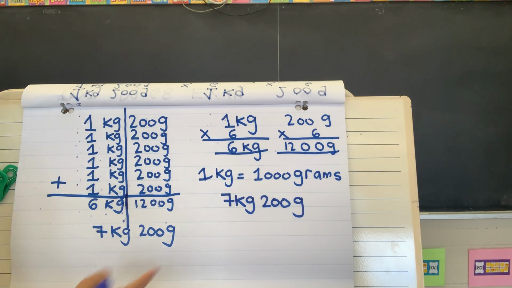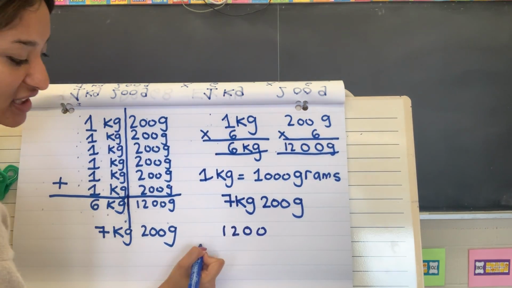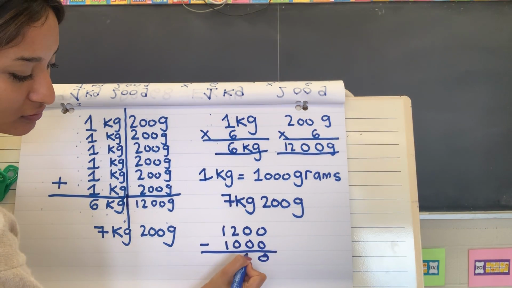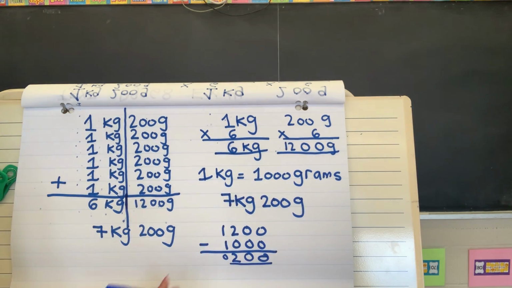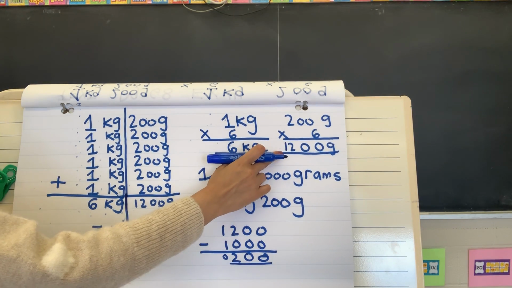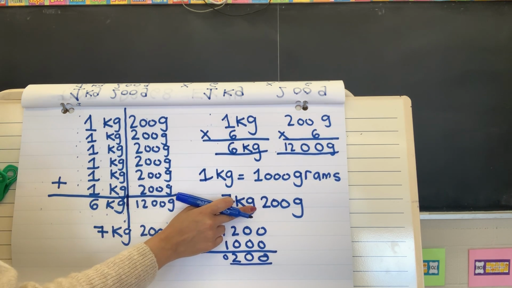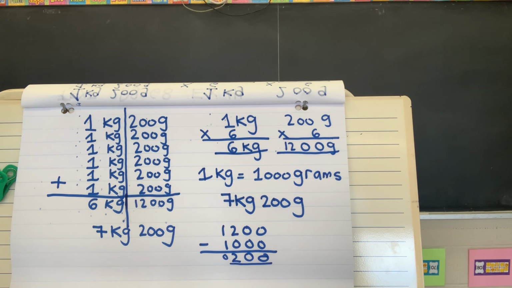Does that make sense? Because this was 1200, take away 1000, I should be left with 200. So I took out my 1000, which was my kg, and I added it to my kilograms column, and then I'm left with 200 grams. So that's how we multiply compound units.